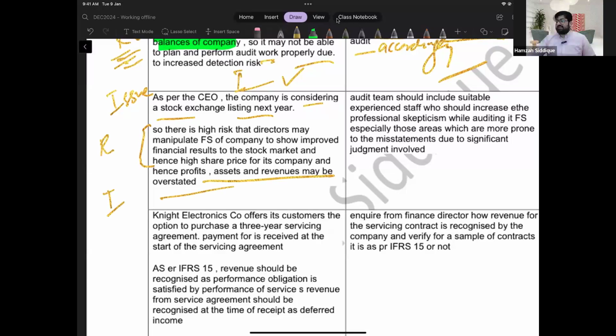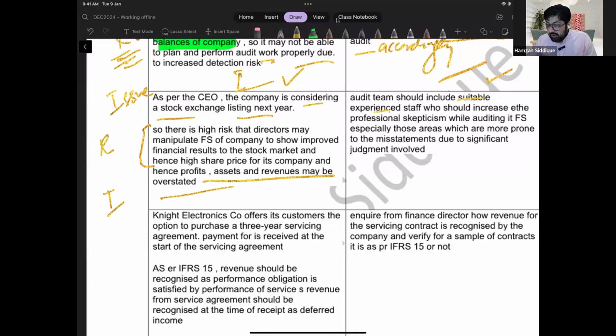Now, the audit response should address it. Since the overall risk has increased, as the company is going for stock exchange listing, a huge company-level risk, we should increase suitable staff, but writing only this won't suffice.